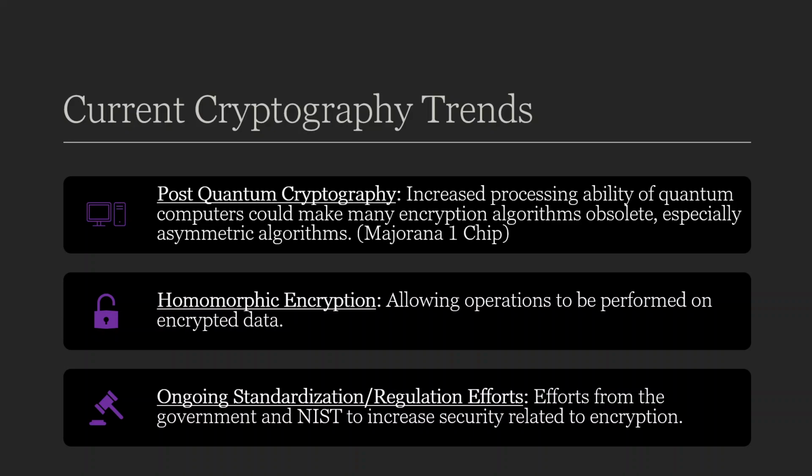Another trend is homomorphic encryption, and this is basically allowing operations to be performed on encrypted data. So this would be useful for people who want to be able to access stuff and change data without actually decrypting it.